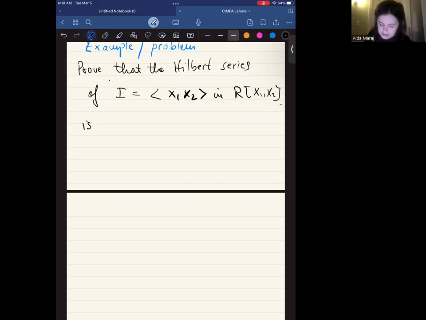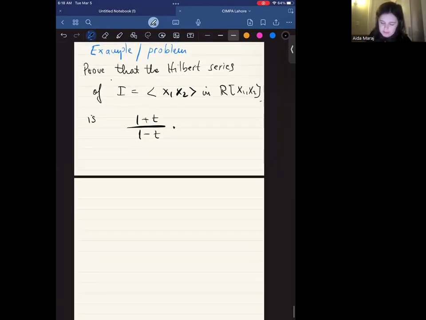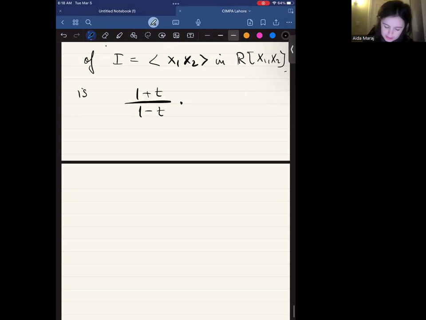Yeah, so this is just 1 plus t over 1 minus t. Okay. And now the claim, so then we go to the definition.